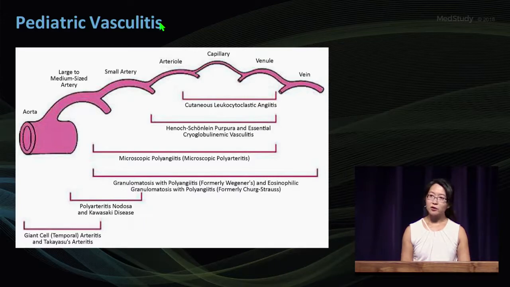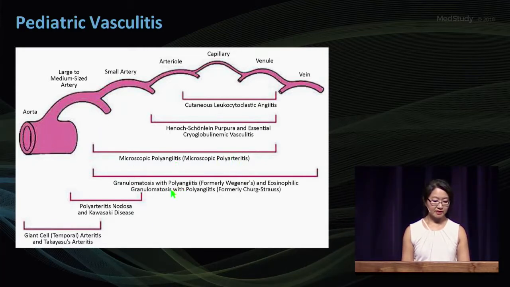The way we categorize vasculitis is based on the size of the blood vessel. If it affects the venules, arterioles, and capillaries, we think about leukocytoclastic vasculitis. The small arteries, we think about HSP, or Henoch-Schönlein purpura, and cryoglobulinemic vasculitis. The small to medium-sized vessels, microscopic polyangiitis.